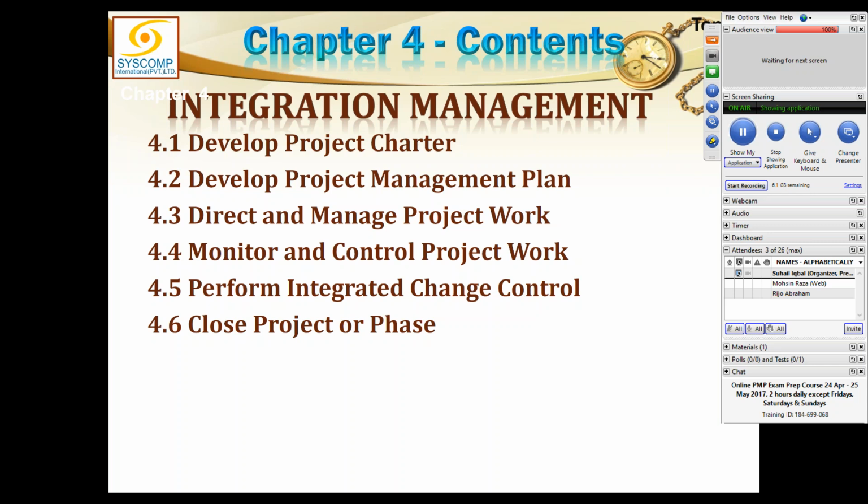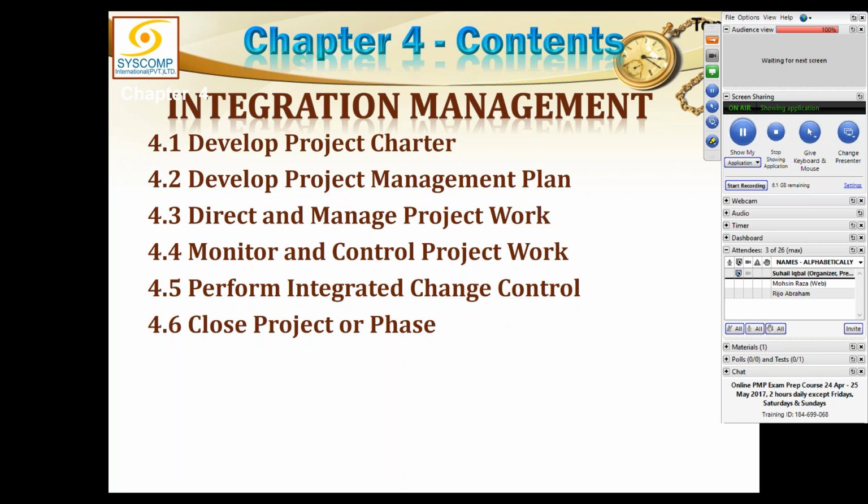Execution itself does not have any power or authority to change anything. They just have to do whatever is written in the project management plan. So for execution, project management plan is just like a standard operating procedure. For operations, we have standard operating procedures to be followed.